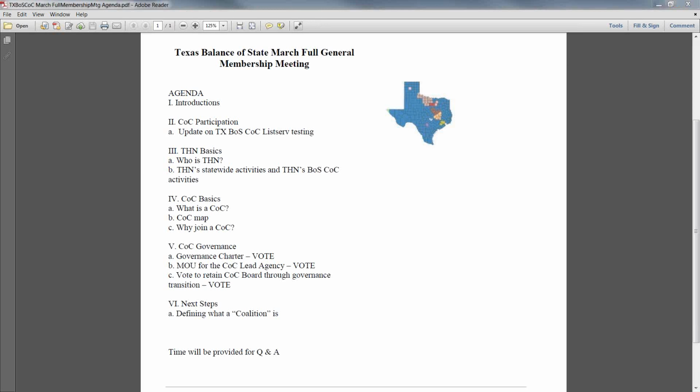Compare that to right now we only have 44 housing and services projects that are funded by HUD's Continuum of Care program.